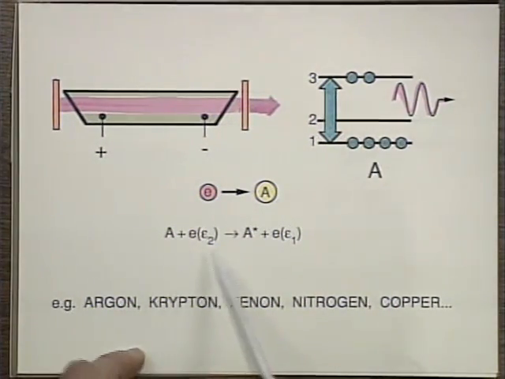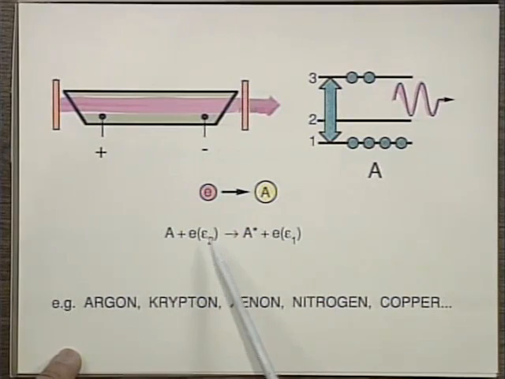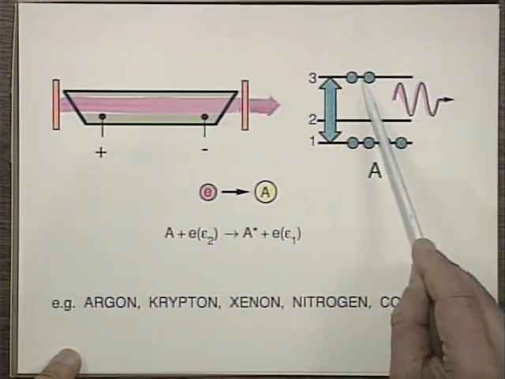In terms of an equation, we write it like this. In a simplified form, we take atom A, which means a ground state atom A, colliding with an electron with, say, energy E2. After the collision, the electron separates again from the atom, but leaves the atom in an excited state. Through the collision, the electron was able to transfer some of its energy to the atom and excites it.